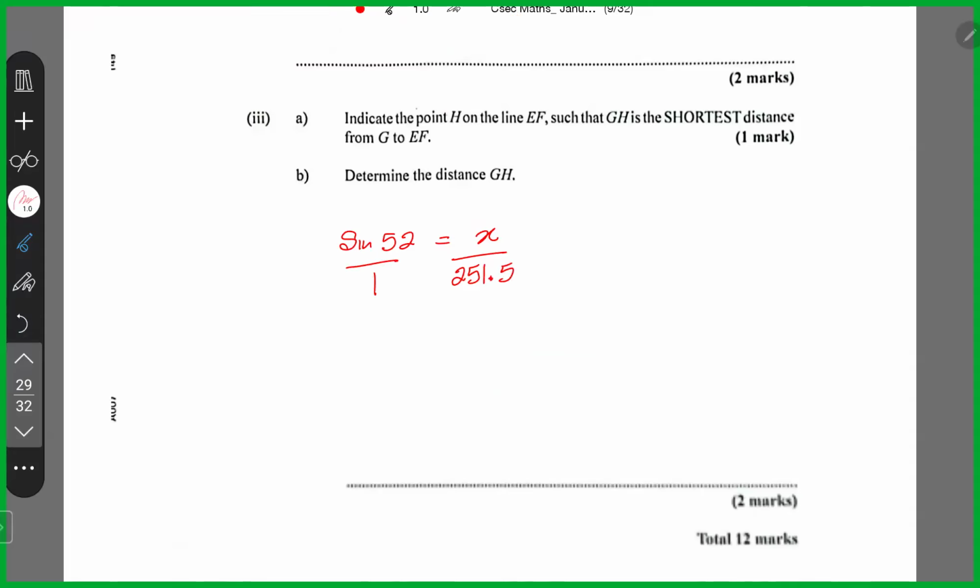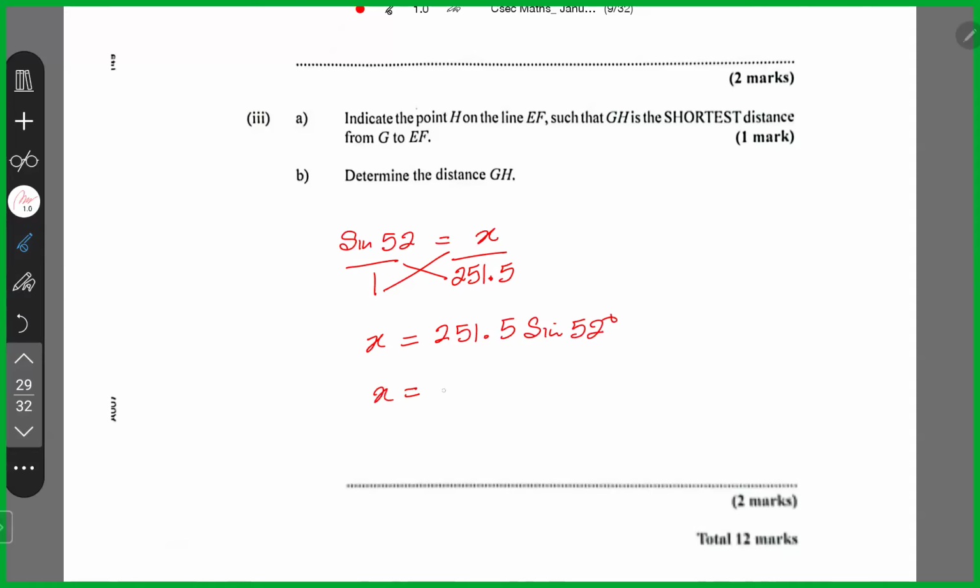To get rid of the fraction, I would cross multiply. X is equal to 251.5 sine of 52 degrees.